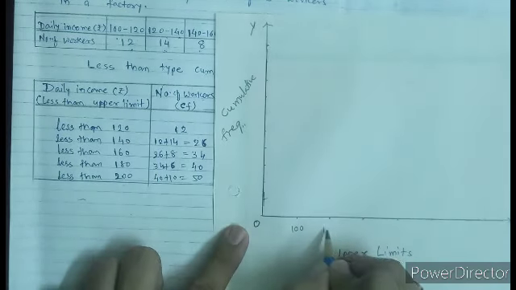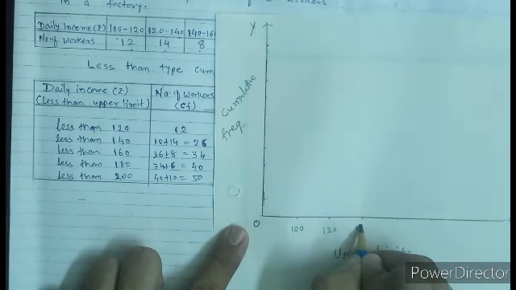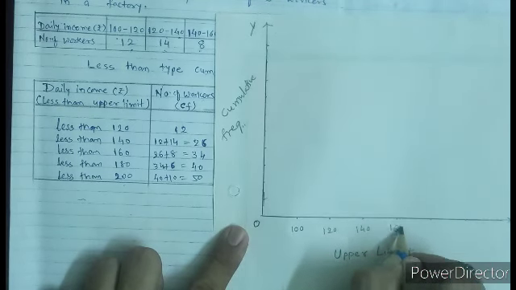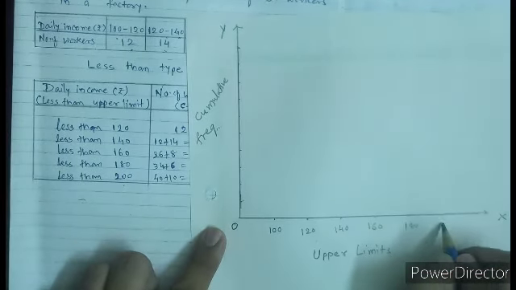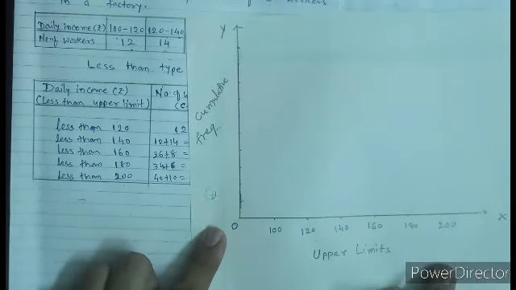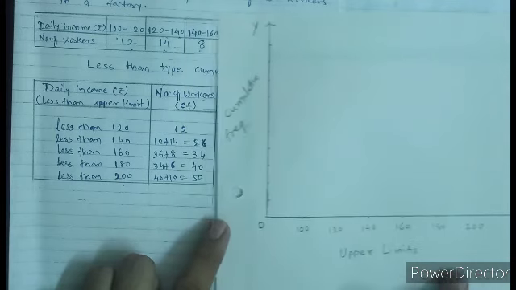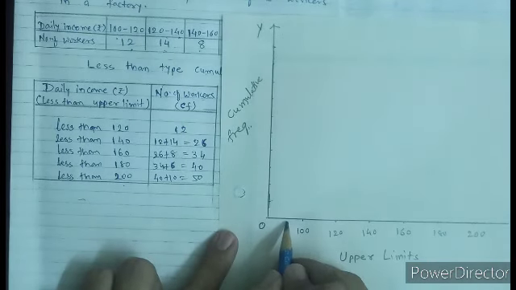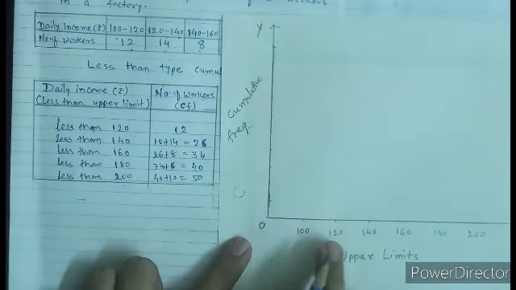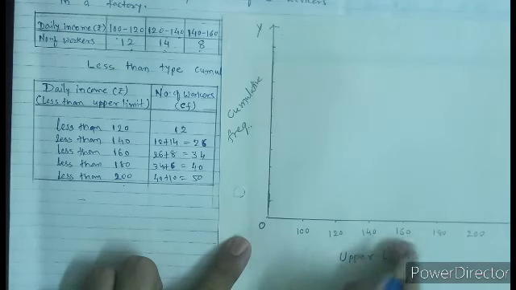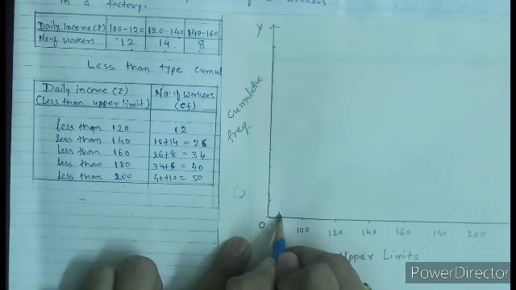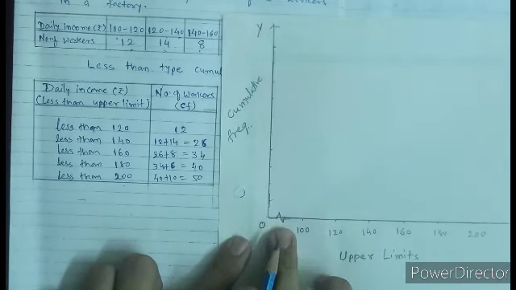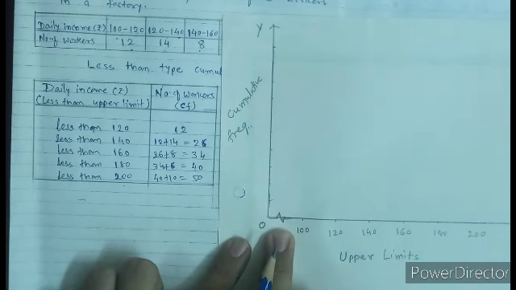So the next will be 120, then 140, 160, 180, and finally 200. So these are the upper limits of the given data. As this starts with 100 and the difference between consecutive terms is 20, we will make here a zigzag line. You have understood the meaning of this zigzag in 9th standard.